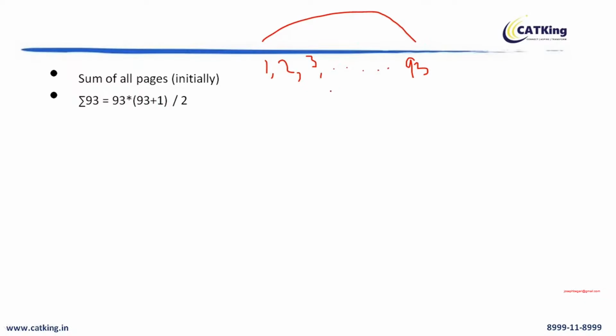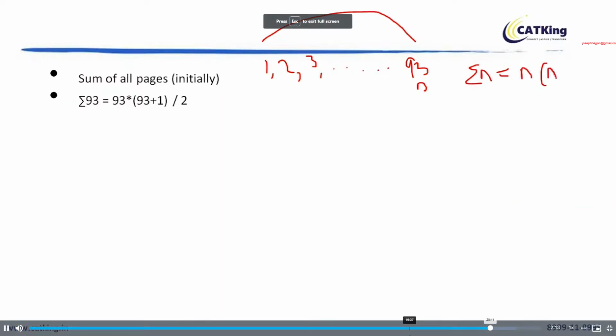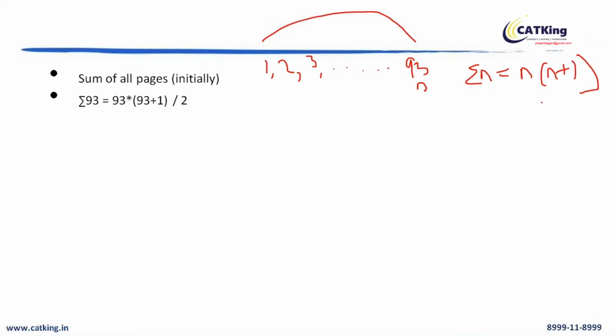When you have to find the sum of n natural numbers, which starts from 1, and you assume 93 as the n, the formula is f of n equals n into n plus 1 by 2. That is what they have used here.